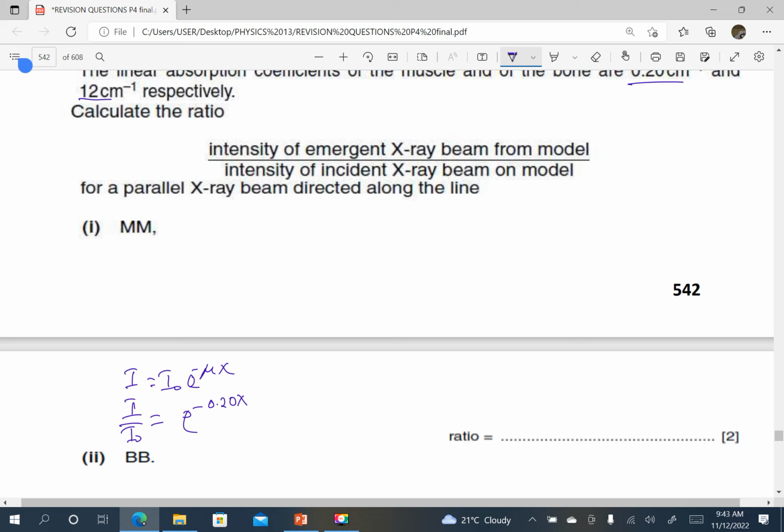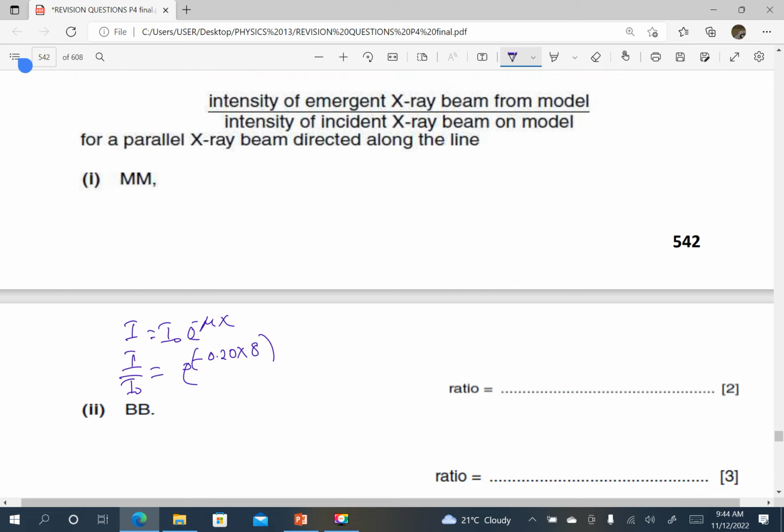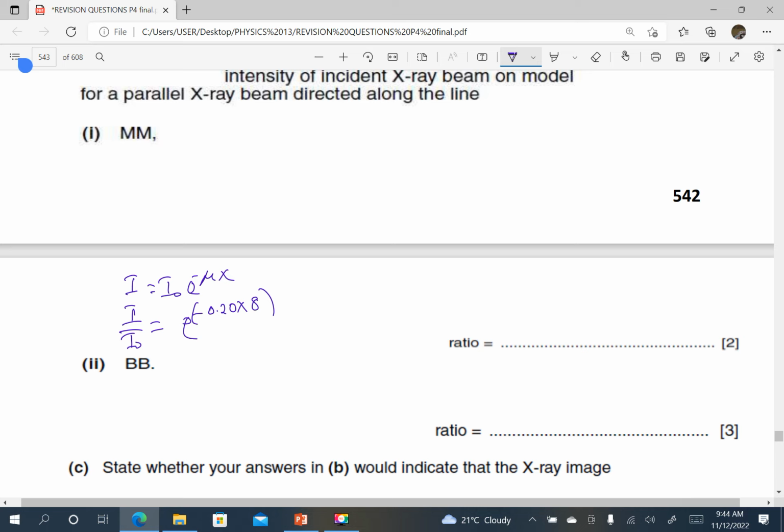Because I didn't change 0.2 from per centimeter to meters, I will also not change the thickness. I'll just write 8 centimeters. The units cancel out. From my calculator, I'm getting this as 0.20 to 2 significant figures.